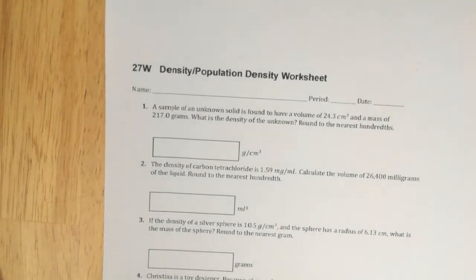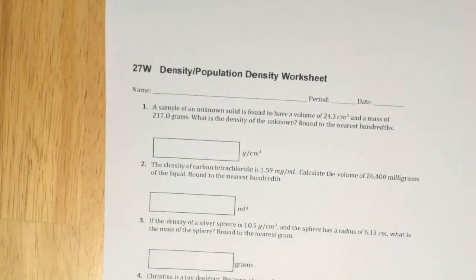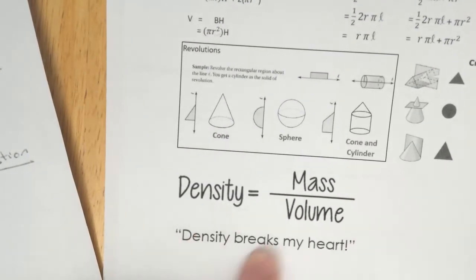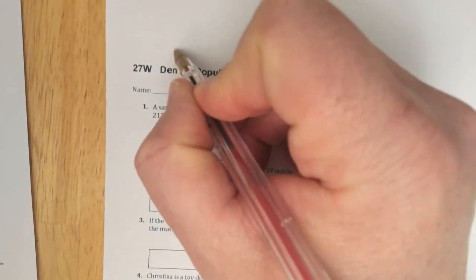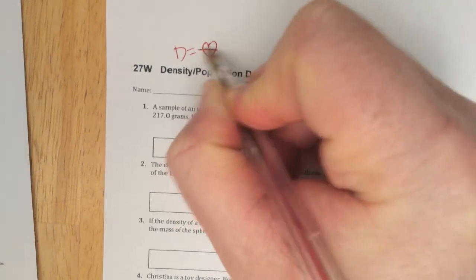So let's keep going. All right, so population density and density. So pretty simple. If you look at your Hot Topics pages, on Unit 9, density breaks your heart, right? So basically, density equals you make a heart, and then you make a line through it.